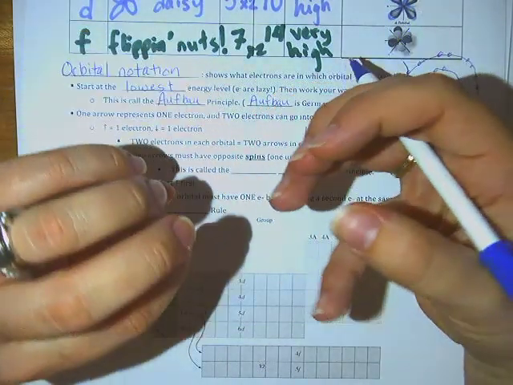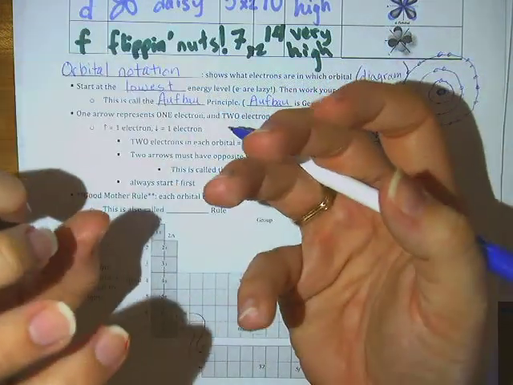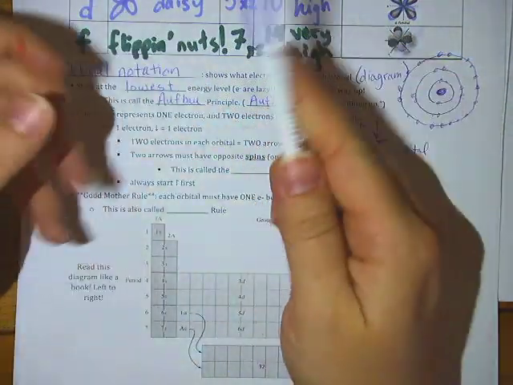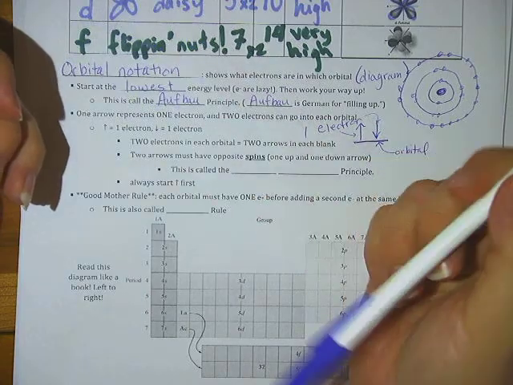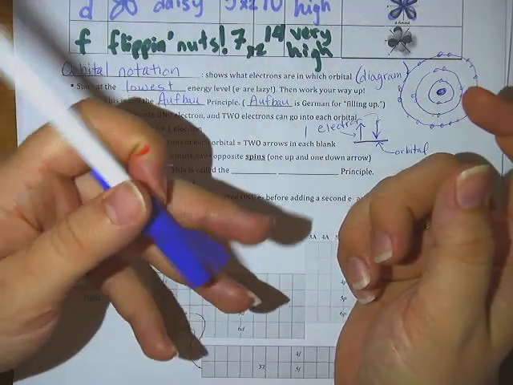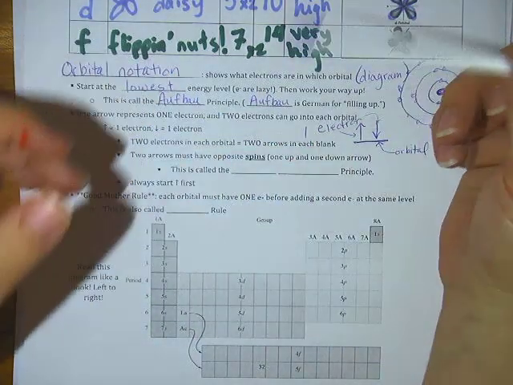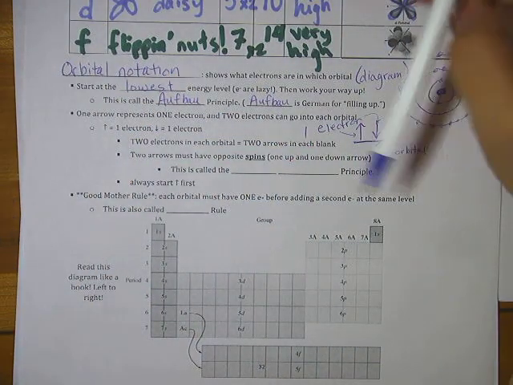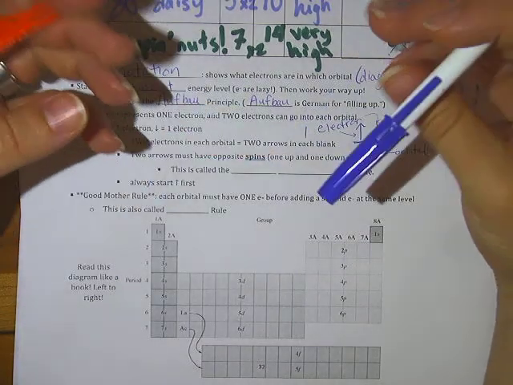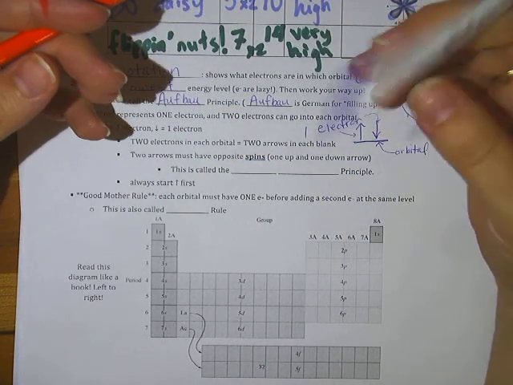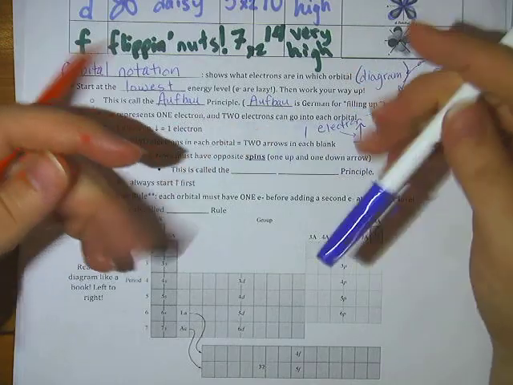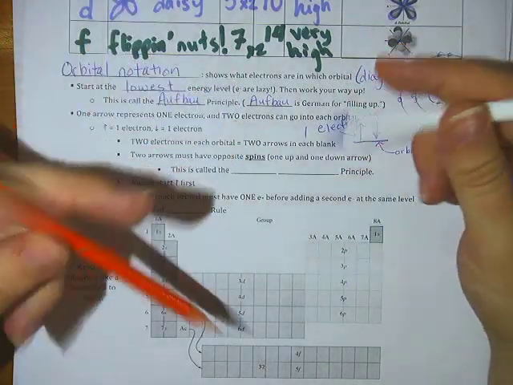So the most they can do is spin in opposite directions. Like one of them will spin clockwise and the other one will spin counterclockwise. I think I just did that with my pen backwards from what I was saying out loud. But basically they spin in opposite directions, where one's going counterclockwise while the other is going clockwise.